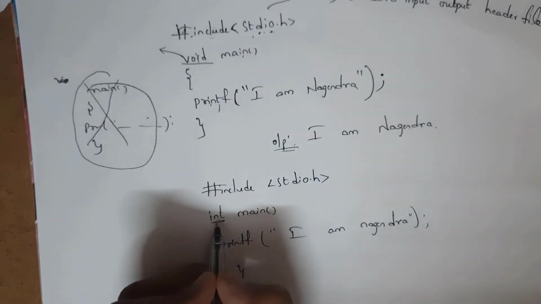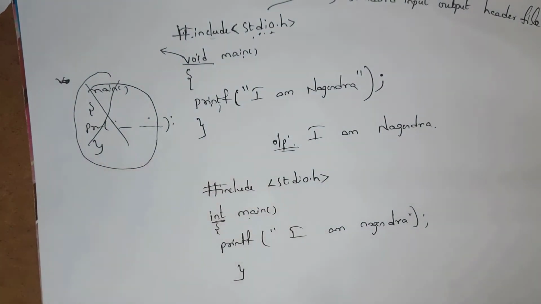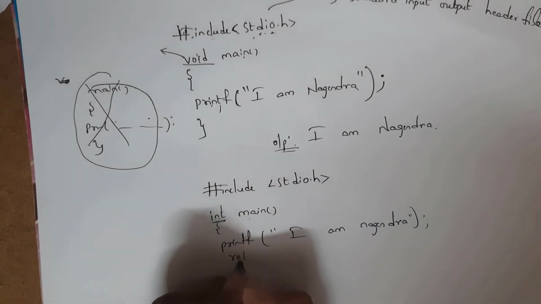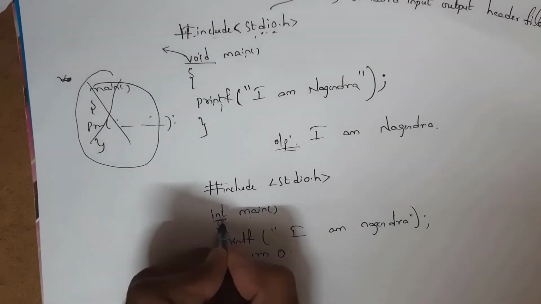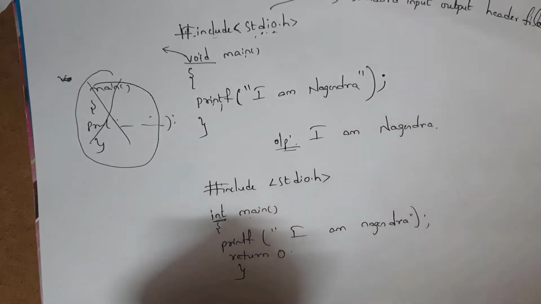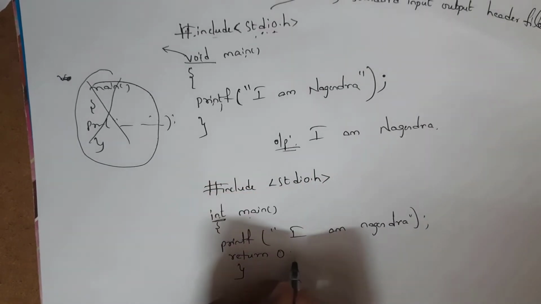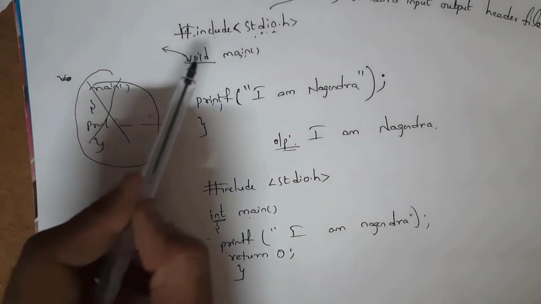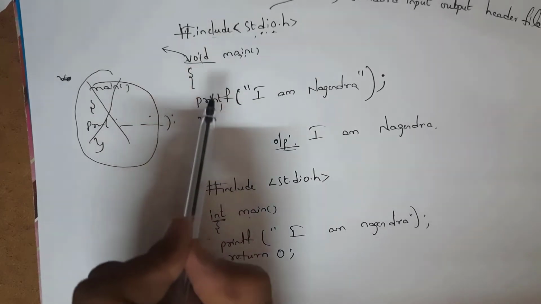But whenever you write here int main, definitely you need to return something. So here you need to write return 0. Here I given an integer type. So you need to write here 0. 0 is integer type, or you can also give here 1. And definitely give here semicolon. This is difference between void main and int main. Whenever you write here void main, there is no need of returning anything.